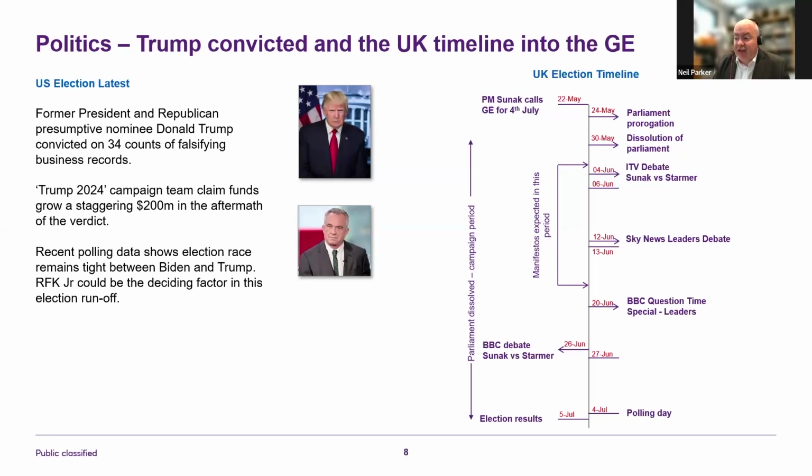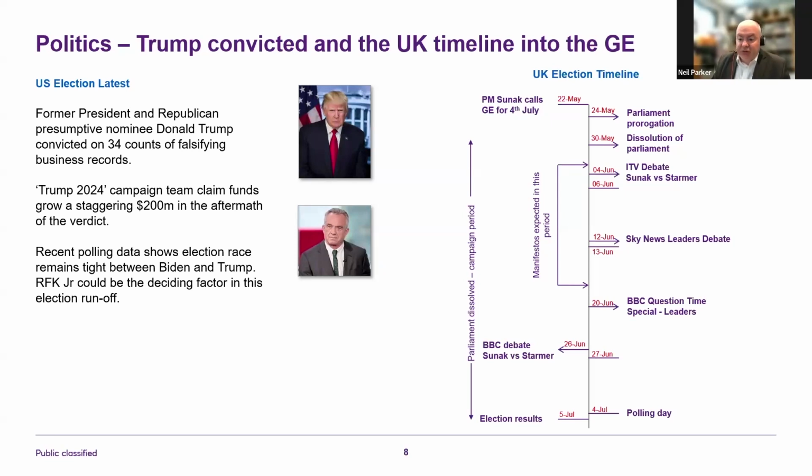So we should get an outcome for the UK election by around 7-8 o'clock on the 5th of July, probably actually a lot earlier. I think a lot of seats will have declared by the early hours, so it's certainly going to be quite a late night or early morning for many of us that are trying to analyze this.